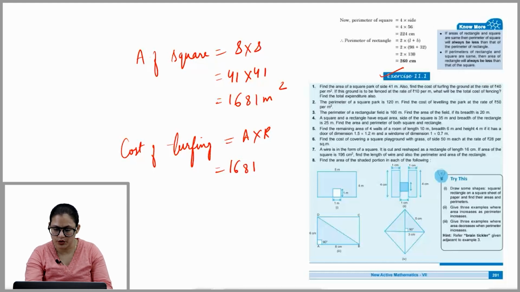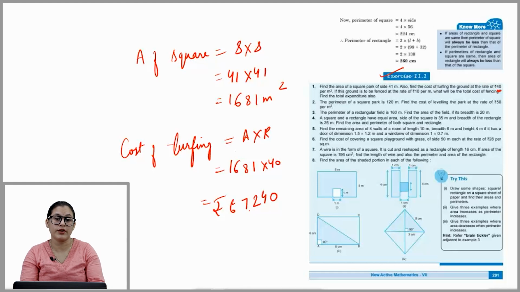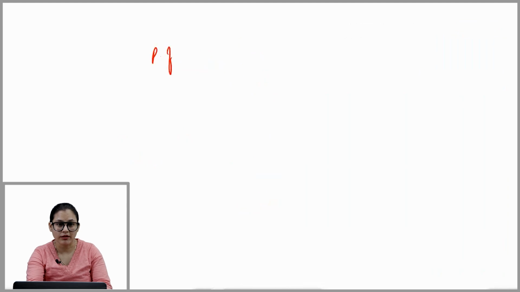Cost is given here, rupees 40 per meter square. 4 ones are 4, 4 eights are 32, 3 carry, 4 sixes are 24 plus 3, 27, and 2 carry, 4 ones are 4 plus 2, 6. So this is the cost of turfing, 67,240.